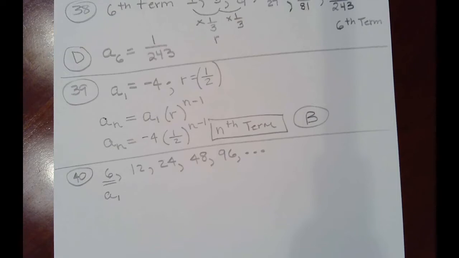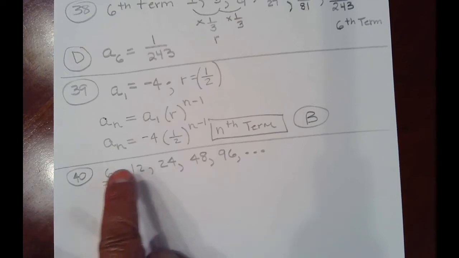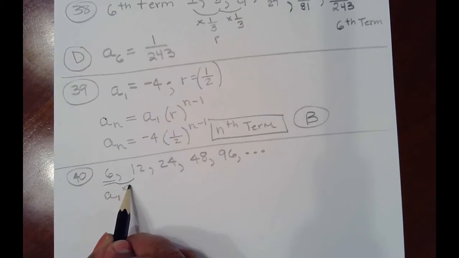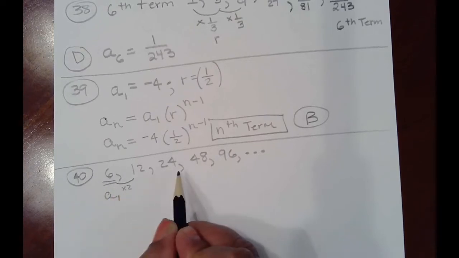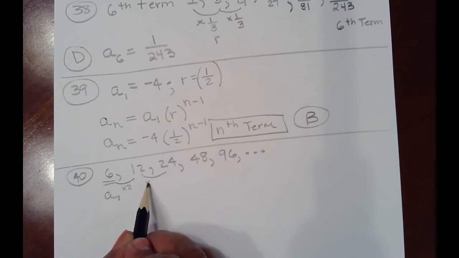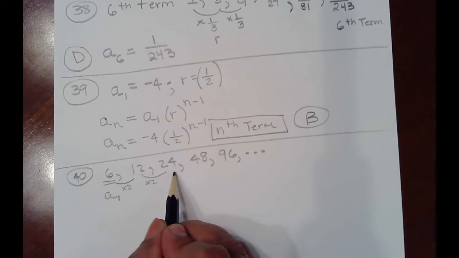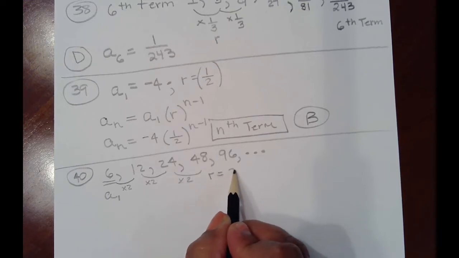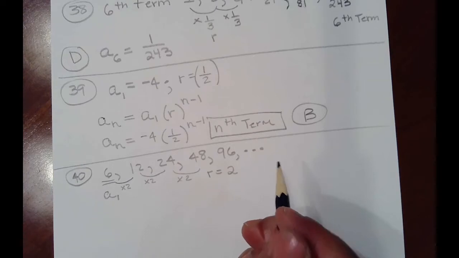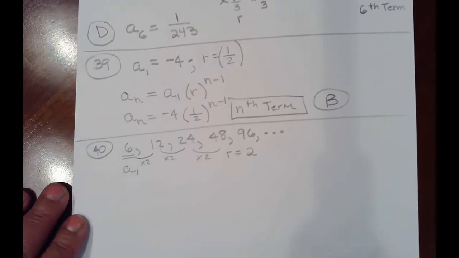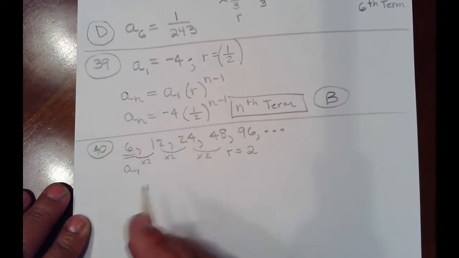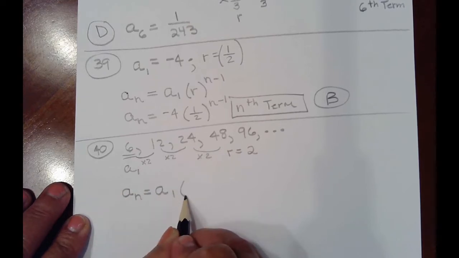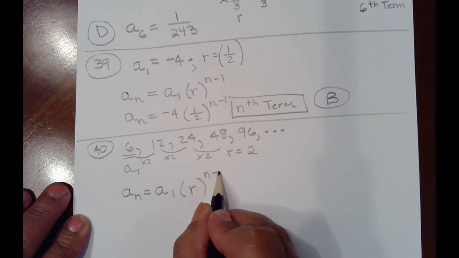And then the common ratio that's being used to get from one term to the next, let's see, you'd have to multiply by 2. Make sure that continues to work as you go down the line. 12 times 2 does get you to 24, so definitely the r value is 2. So if you want to come up with the nth term, again, just follow that formula that you see right here in number 39. The nth term is the first term times r raised to a power of n minus 1.